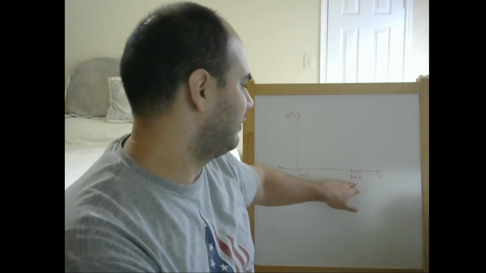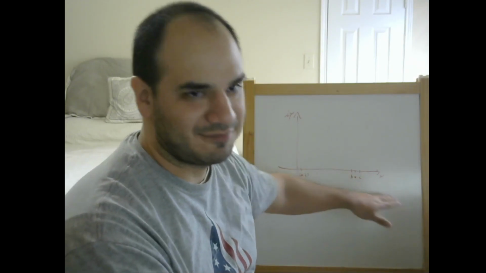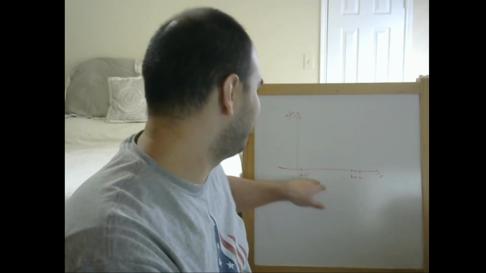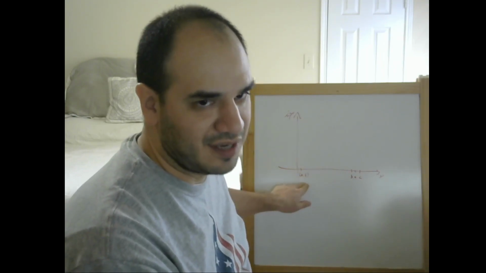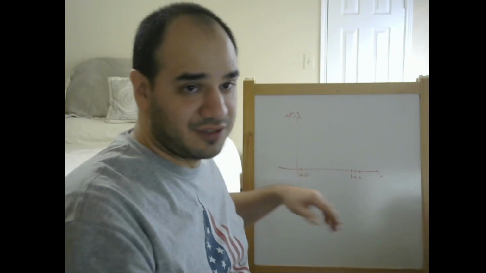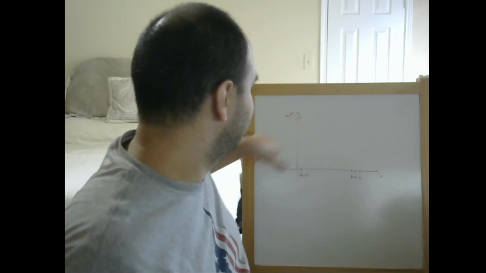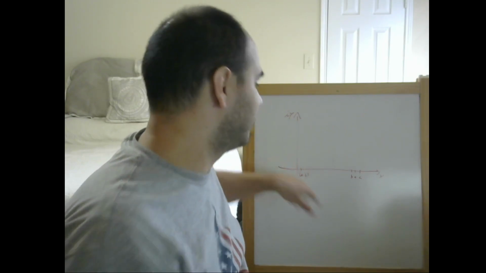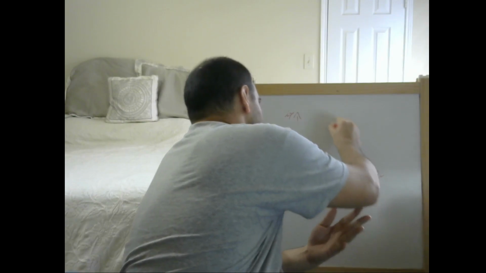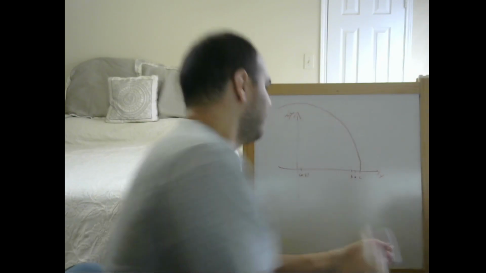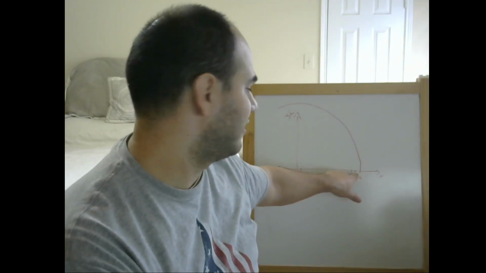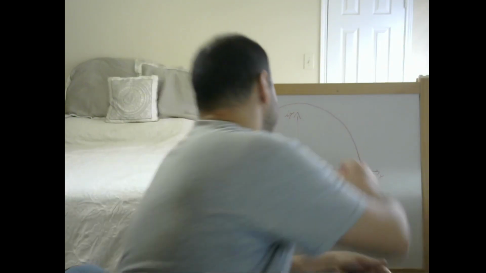We have points B, A, and C, which lie on the real line, and presumably these are all integers. And then we have this integer over here, A minus B. We can draw a circle of radius C around the origin.